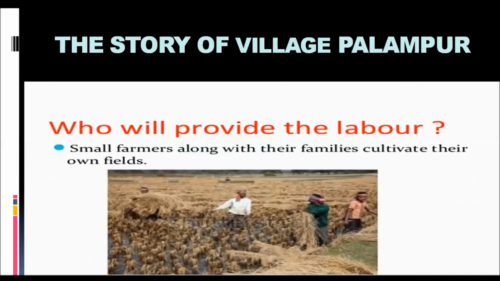Who will provide labor to the farmers then? Small farmers, along with their families, cultivate their own lands, and many of them also work on other farmers' land. Many of them work on the landlords' lands also. Unlike farmers, farm laborers do not have a right over the crops grown on the land. These laborers can be paid in cash or in kind, like crops.